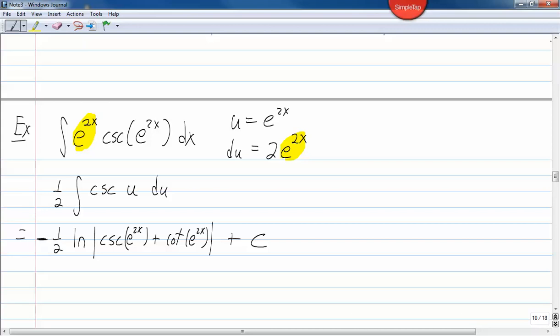Or what if we have log base 10? We do have formulas for the derivative of bases other than e. Now, these are not used all the time, not in calculus. So I would definitely write these down.